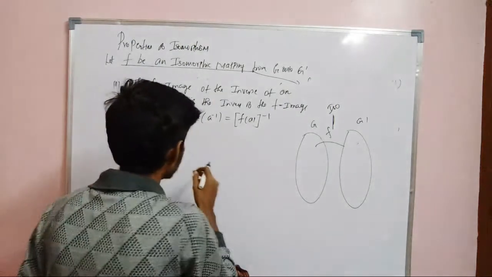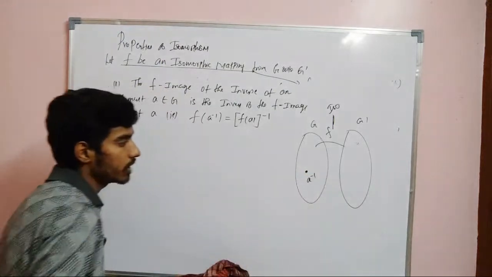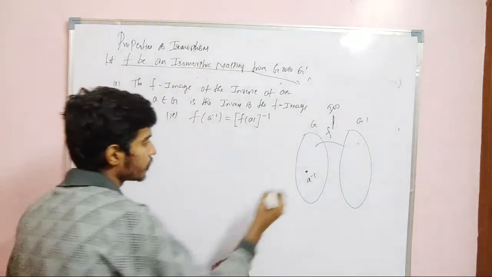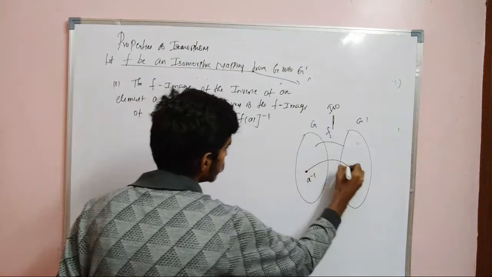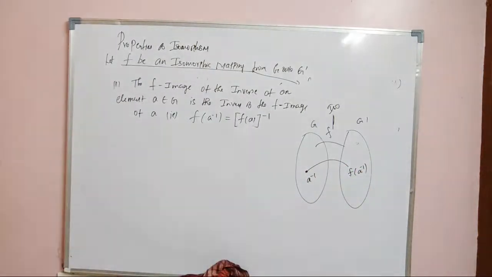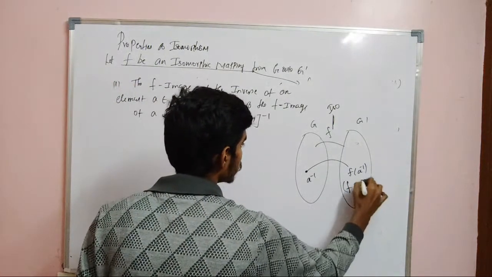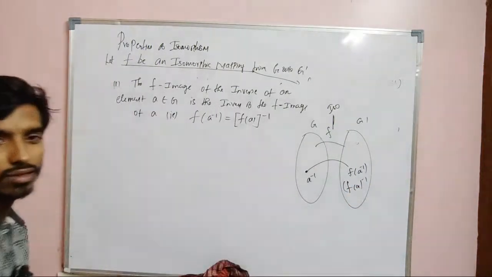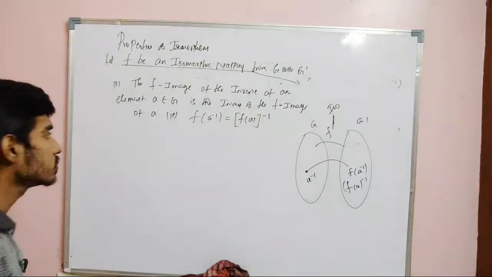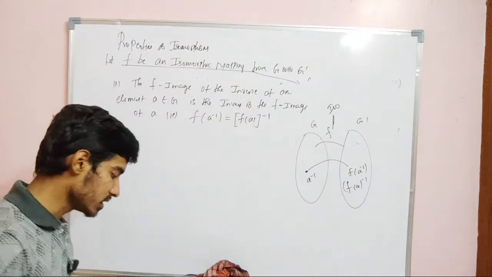If you find a inverse, then this here will be f of a inverse, and this is the same as f of a whole inverse. That is, it preserves inverse also. So we need to prove f of a inverse is the same as f of a whole inverse.